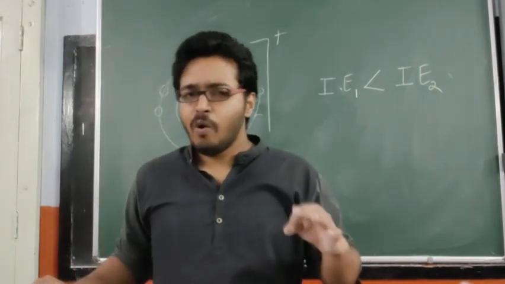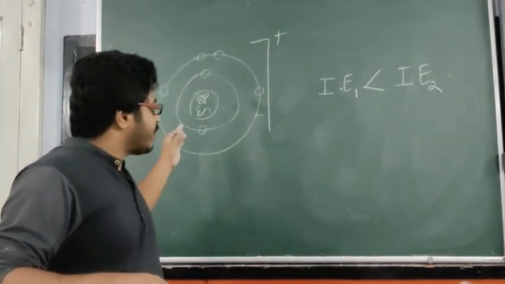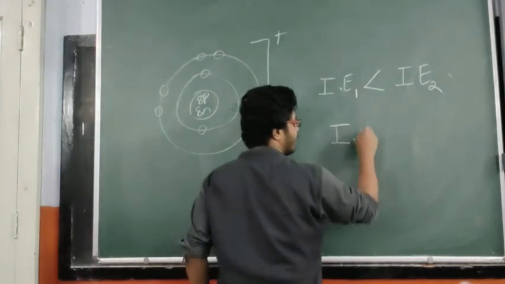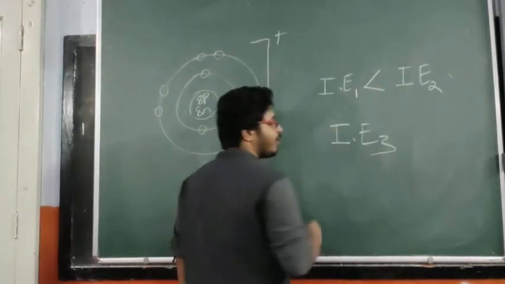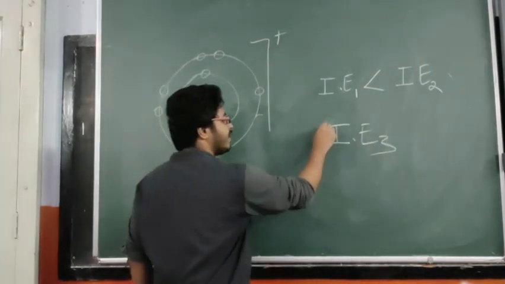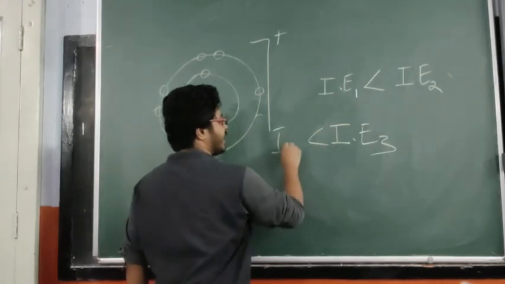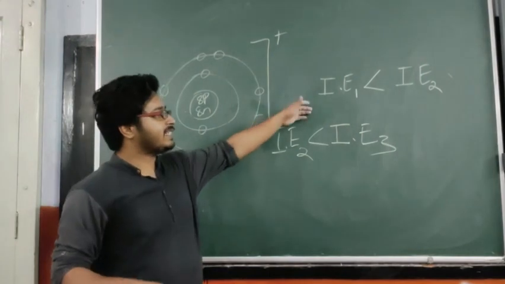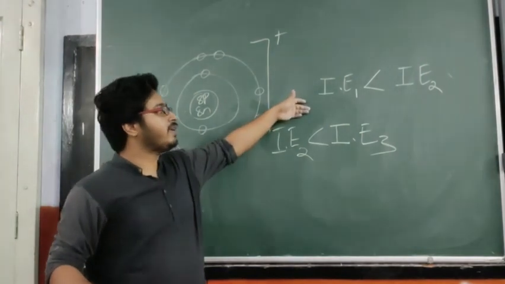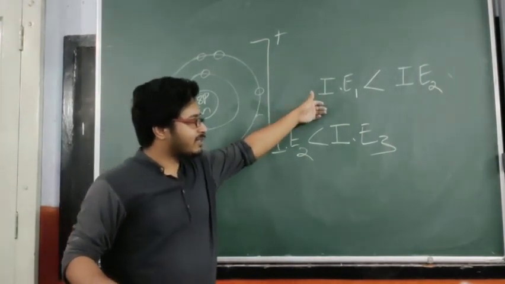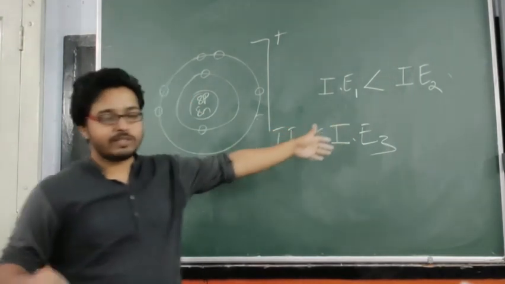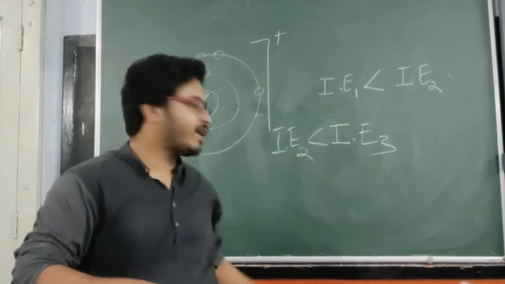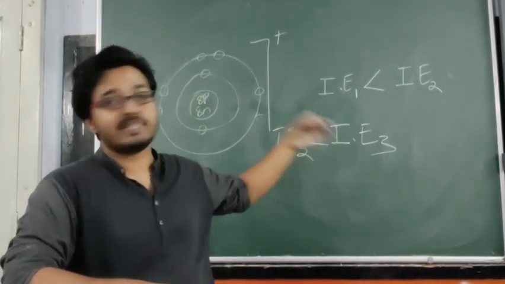Now, what will happen if we want to remove one more electron? That is ionization enthalpy 3, IE3. It will be greater than ionization enthalpy 2. In other words, IE1 is smaller than IE2, which is smaller than IE3.